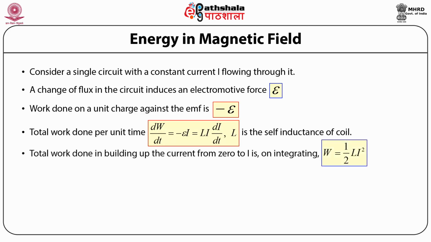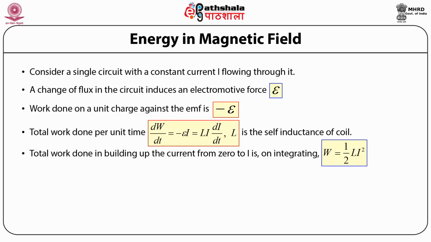So the expression for the total work done per unit time, that is dW/dt, is equal to L times I times dI/dt, where L is the self-inductance of the coil and I is the current that is flowing in the coil.